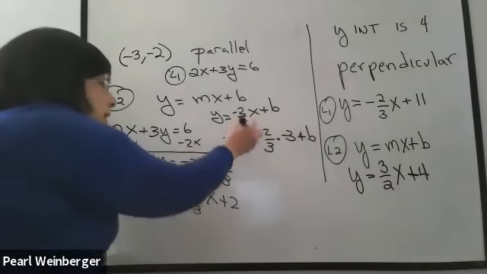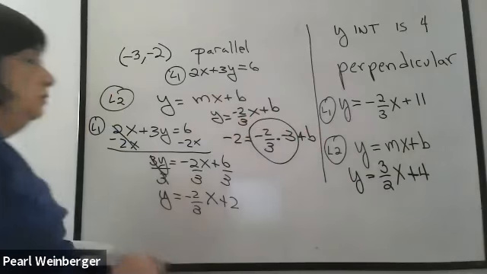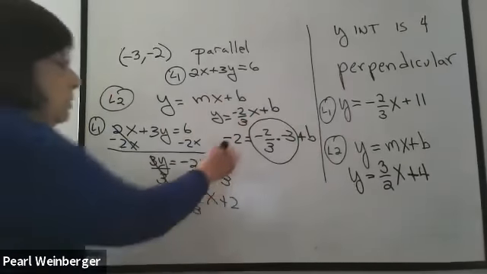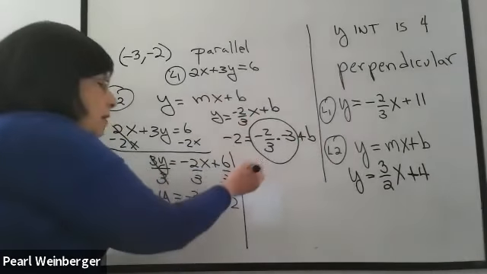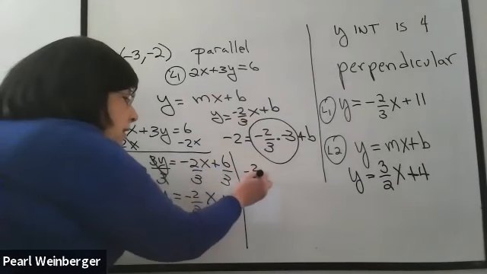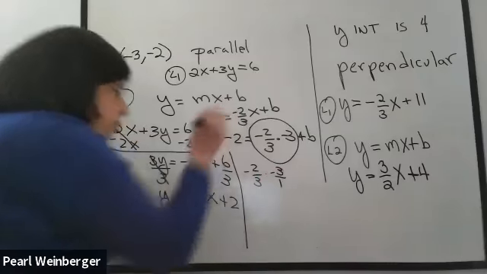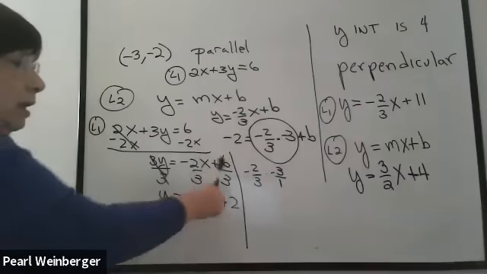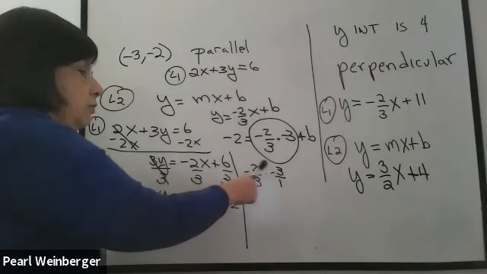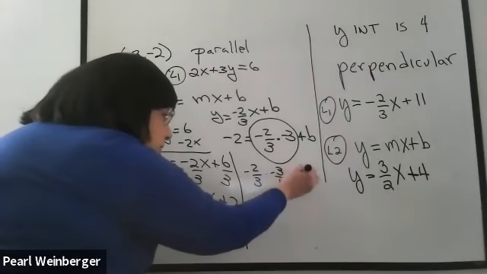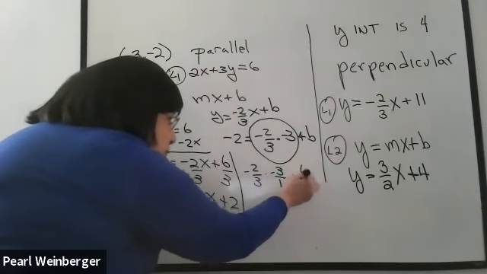And again, the big part of the work is right here, multiplying that negative 2 over 3 times the negative 3, which I write as negative 3 over 1. And multiplying negative 2 times negative 3 is positive 6 over 3.